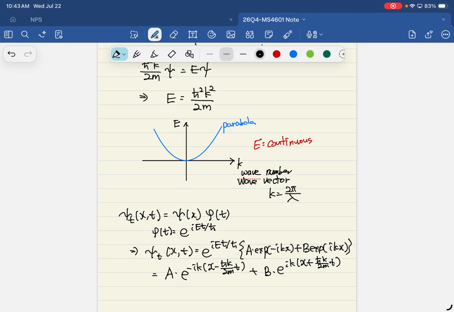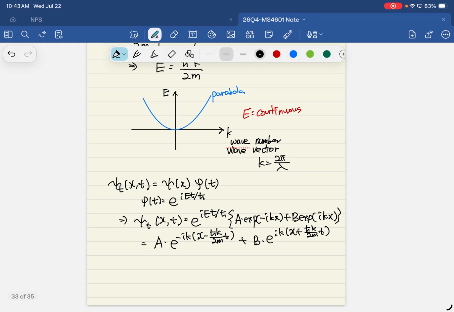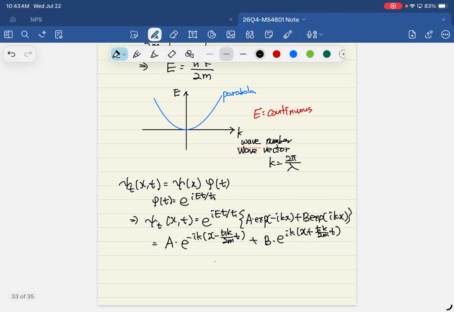Yeah, this exponential. So this one has to be exponential. This expression represents a traveling wave.